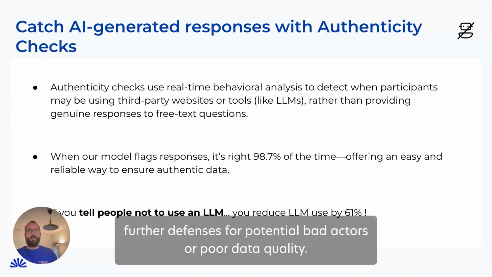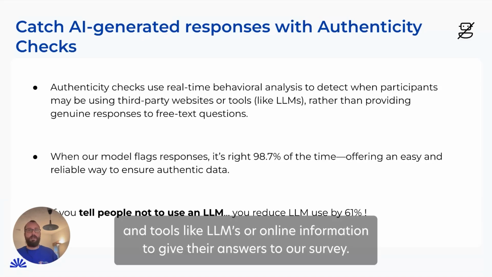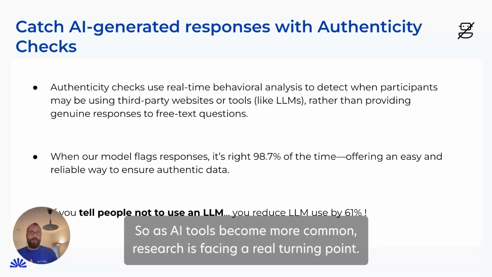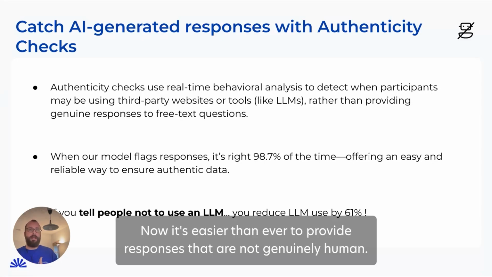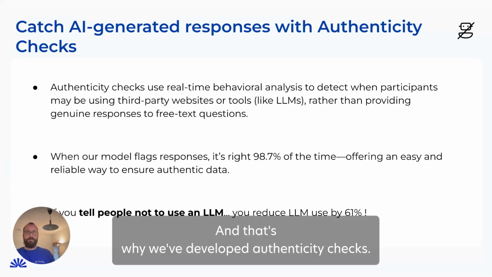attention to adding further defenses for potential bad actors or poor data quality. So, for example, we can think about people who might want to use external resources and tools like LLMs or online information to give their answers to our survey. So, as AI tools become more common, research is facing a real turning point now. It's easier than ever to provide responses that are not genuinely human. And that's why we've developed authenticity checks.